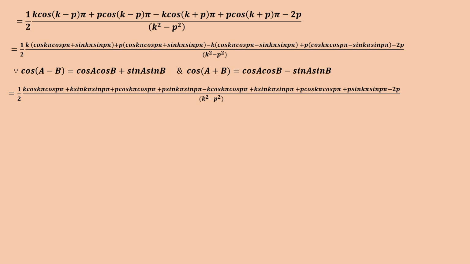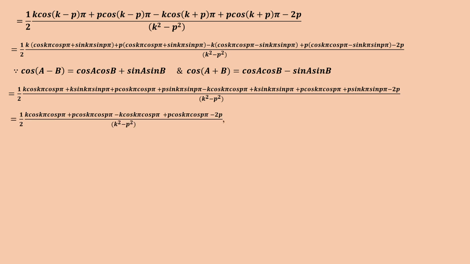That is equal to half into [k cos k pi cos p pi plus k sin k pi sin p pi plus p cos k pi cos p pi plus p sin k pi sin p pi minus k cos k pi cos p pi plus k sin k pi sin p pi plus p cos k pi cos p pi plus p sin k pi sin p pi minus 2p] by k square minus p square.